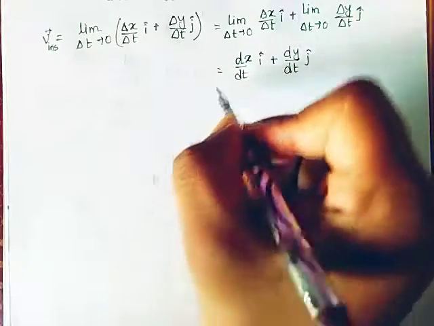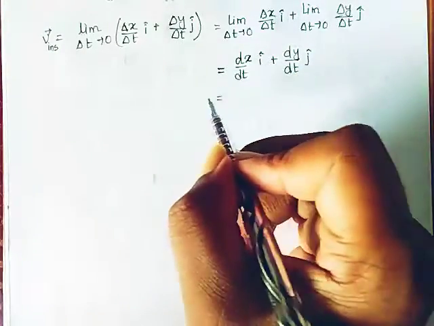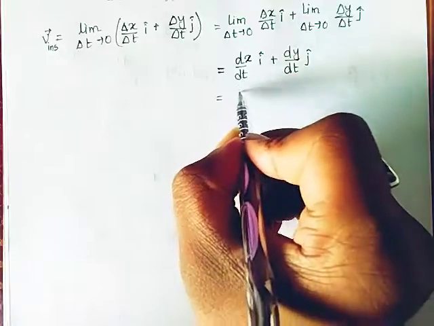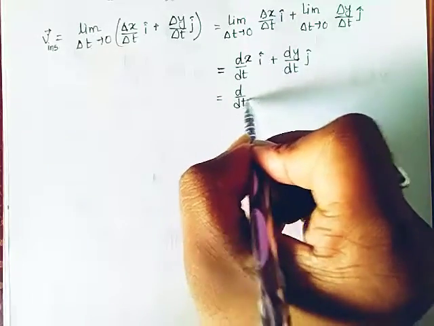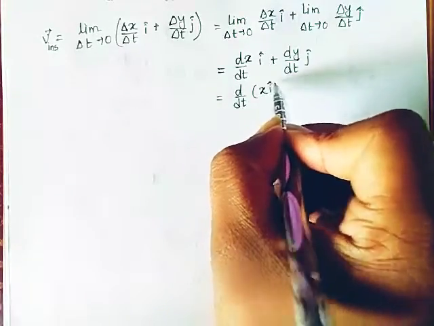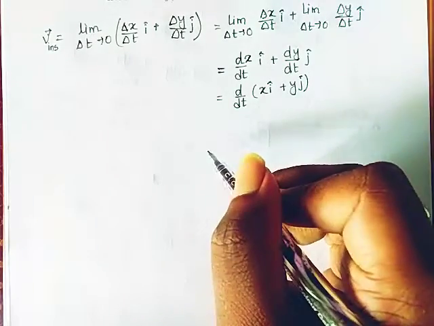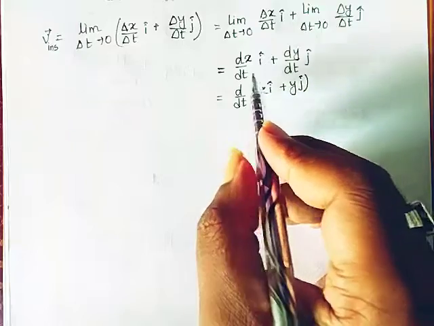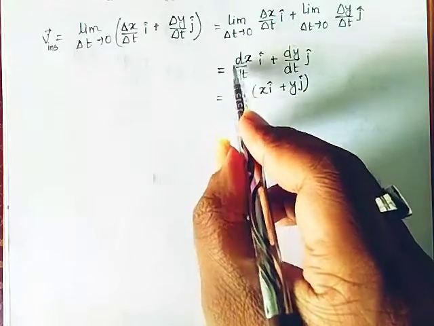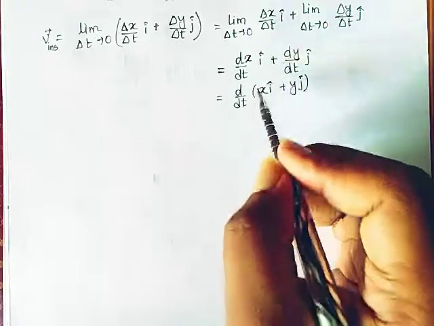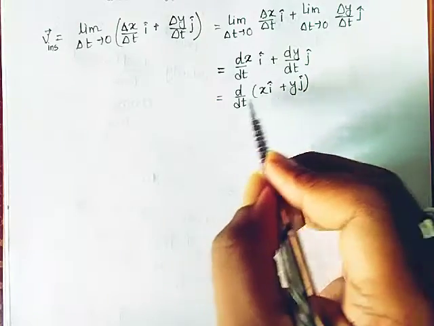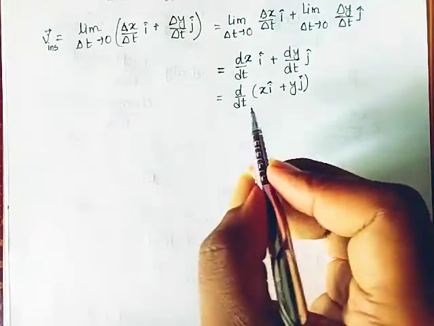So addition and the differential operator commute, they can be interchanged. If I write x i cap plus y j cap, here I have first done differentiation then addition, and here first addition then differentiation; it can be interchanged.